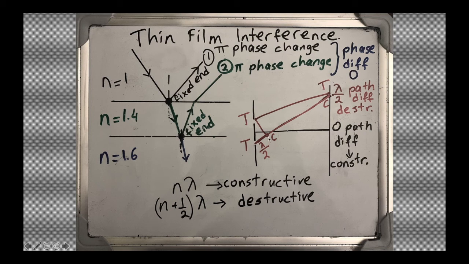So if the path difference is half lambda, the trough and a crest would interfere on the pattern, meaning that's a destructive interference point. If the path difference is 0, that is equal distance from two sources, a trough and a trough or a crest and a crest would interfere, making this point a constructive interference point, which means we go back to the original calculation.